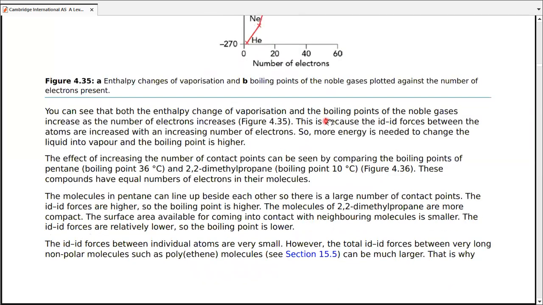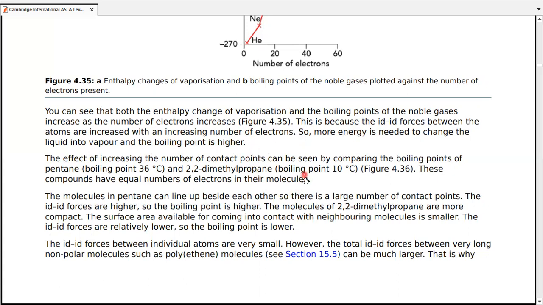Now, enthalpy change of vaporization or boiling points of noble gases increase as the number of electrons increases, because IDID forces have now more attractive or repulsive forces with one another. Hence, they show stronger attraction or repulsion between their dipoles. When more energy is needed to change the liquid into vapor, the boiling point is higher.